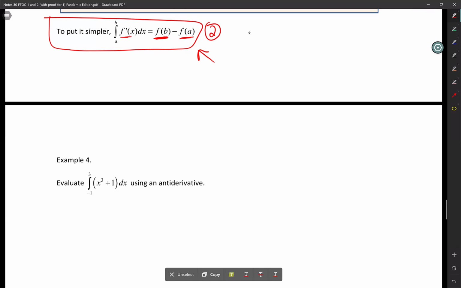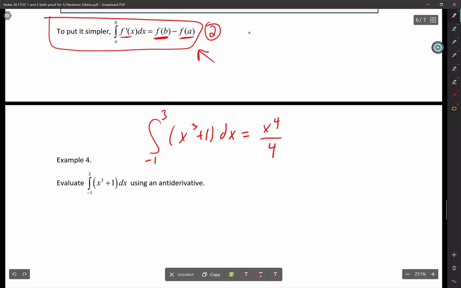I'm going to find the antiderivative. So I'm going to write integral from -1 to 3 of x cubed plus 1. I'm just rewriting it, guys. Antiderivative of x cubed is x to the 4th over 4. Antiderivative of 1 is just x. Because I have 2 terms, I like to put a bracket on both ends like that. On the bottom end of the right-hand bracket, I put a -1.